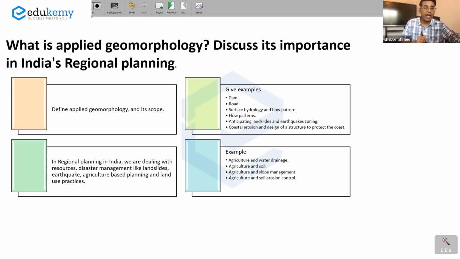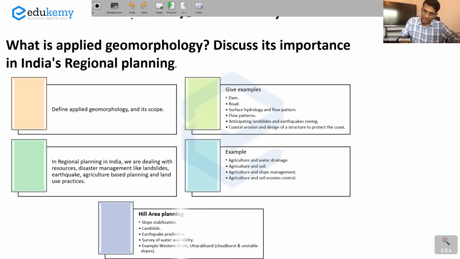So a lot of agriculture-based planning requires these kinds of inputs. Similarly, you can talk about hill areas planning, again slope stabilization, earthquake prediction, hill areas and surveying for water availability, landslides. Give examples from Western Ghats, give examples from Uttarakhand and cloudburst.